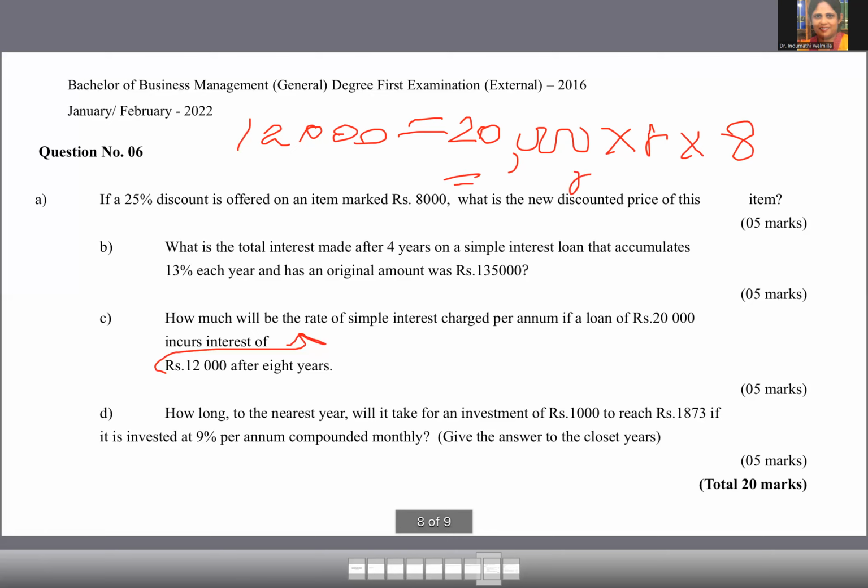Okay, R equals 12,000 divided by 8, and again divided by 20,000.